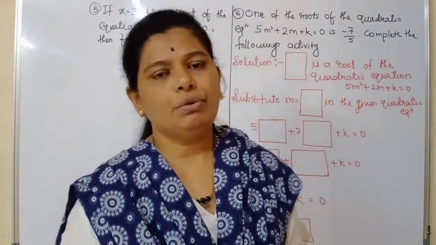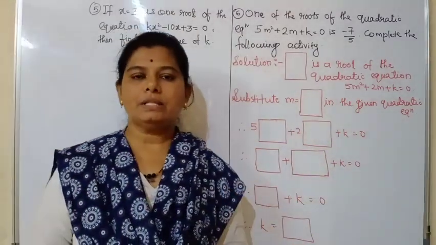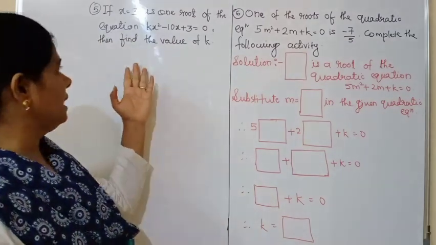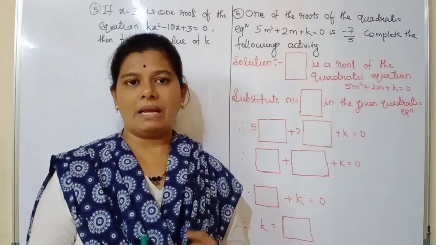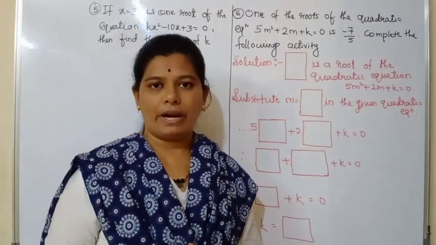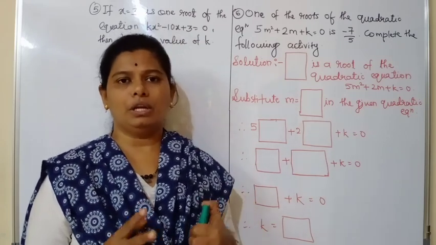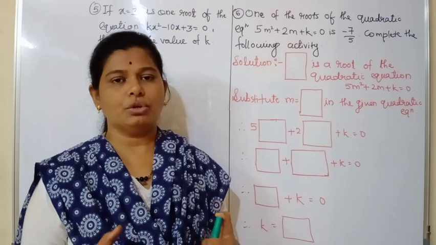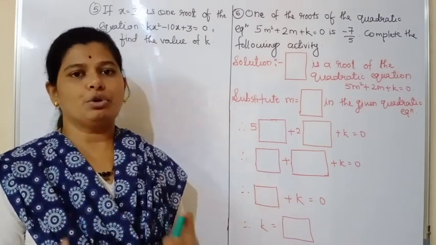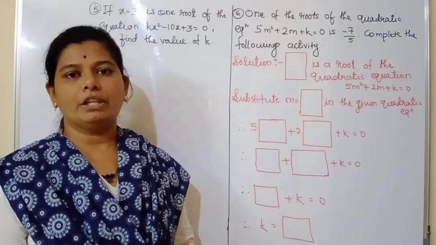See now, in the fifth example, they have given us that if x equal to 3 is one of the roots of the given equation kx square minus 10x plus 3 equal to 0, then we have to find the value of k. Now x equal to 3 is the root of the given equation, which means that after substituting x equal to 3 and solving, we get the value 0.